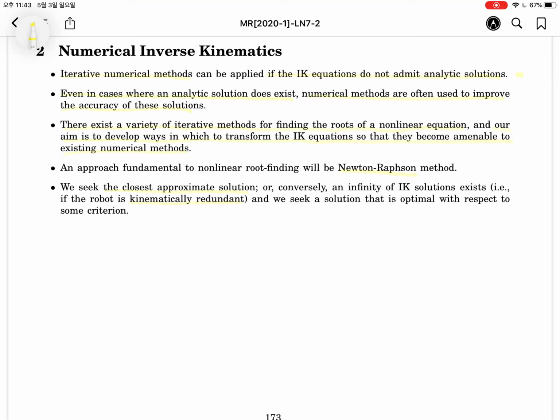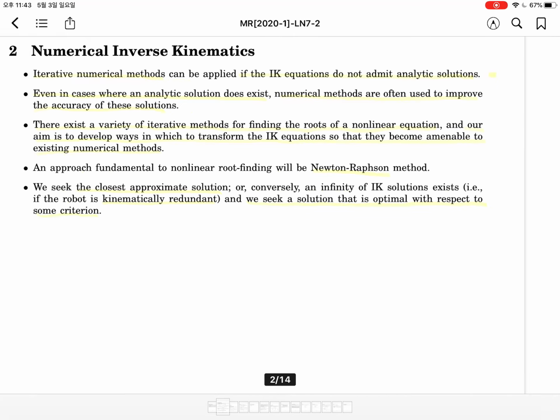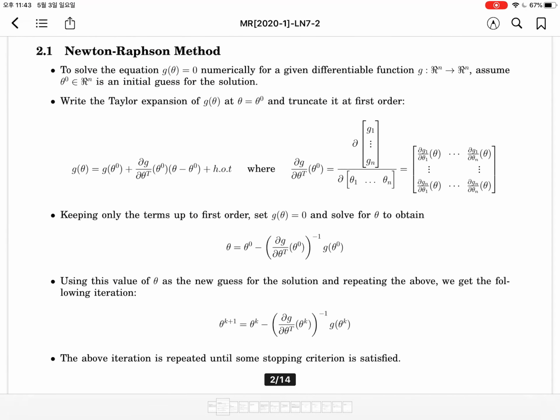Like this, we can determine how to solve the IK issue for a redundant manipulator system. We seek a solution that is optimal with respect to some criterion, so it depends on the criterion. If the criterion is different, we have a different posture of the robot.